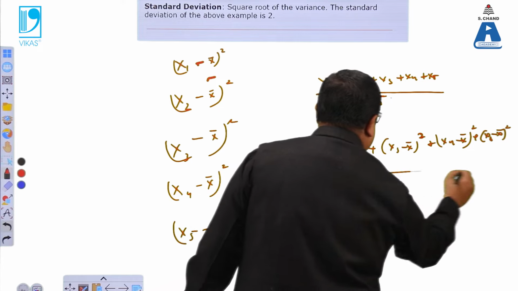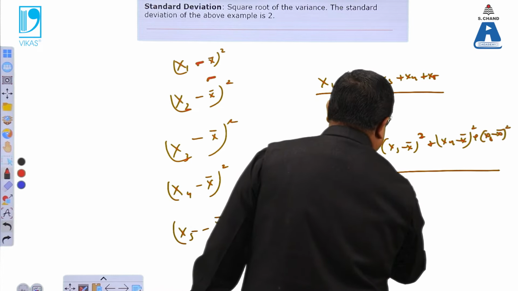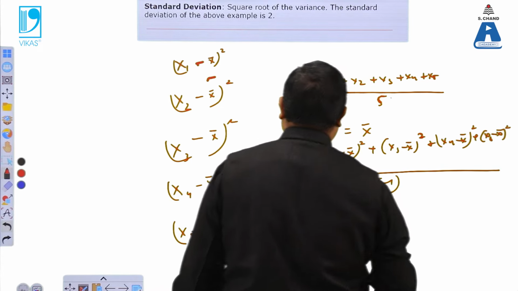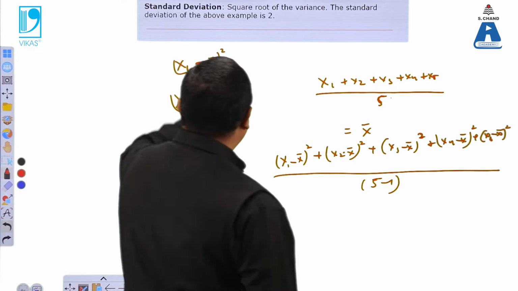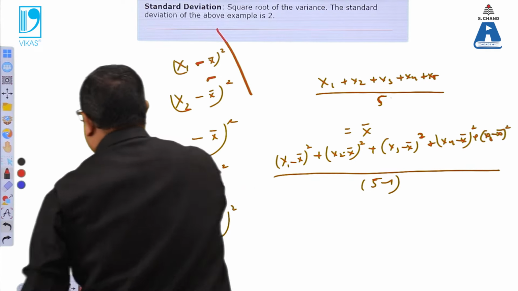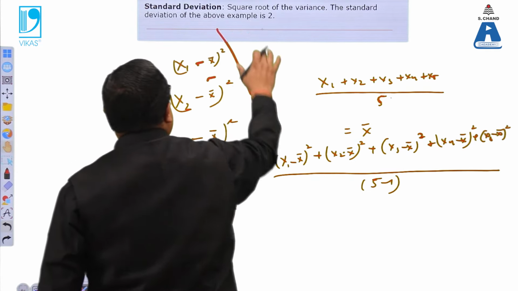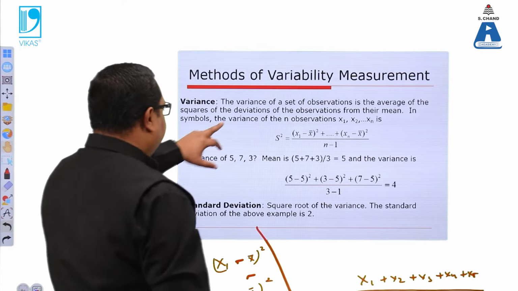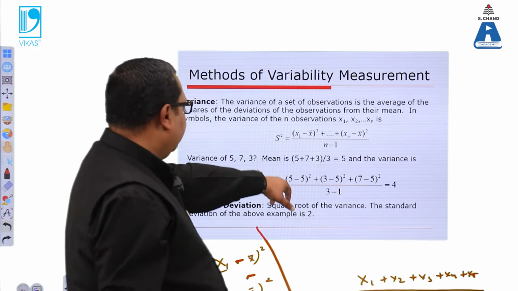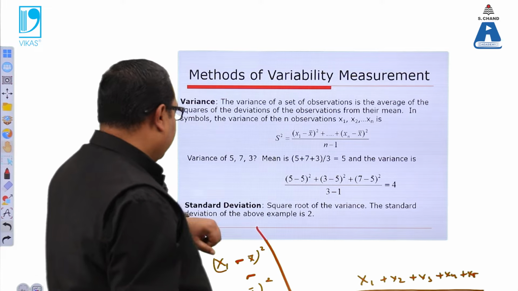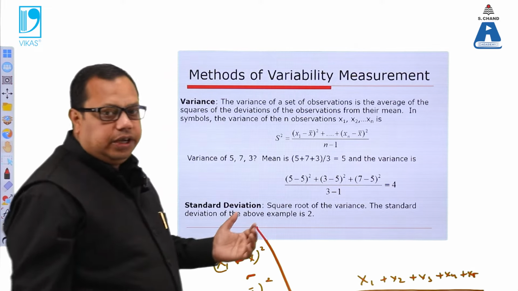The total number of terms is 5, so it will be 5 minus 1, that will be 4. So this is how we calculate the variance. We have done the same thing here, and this is how we calculate the variance.